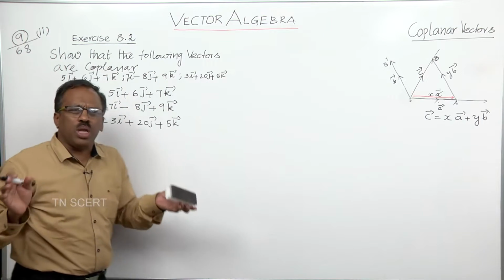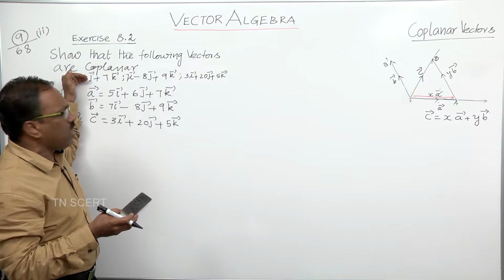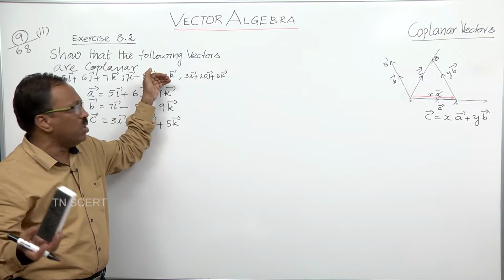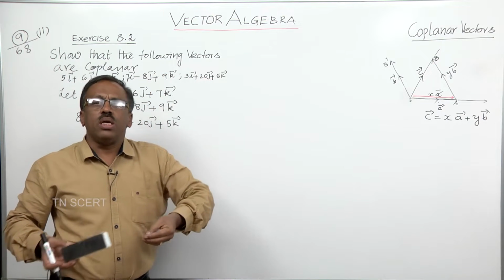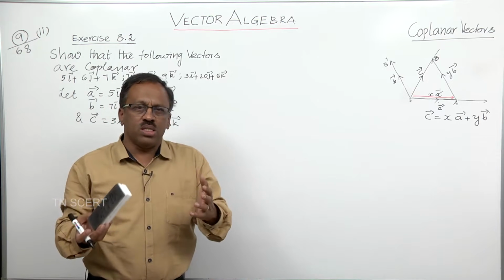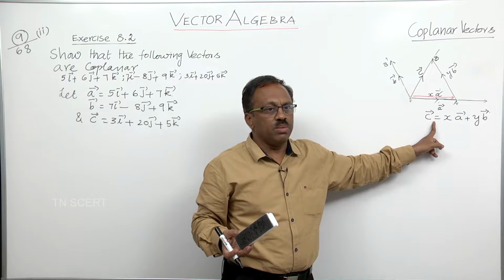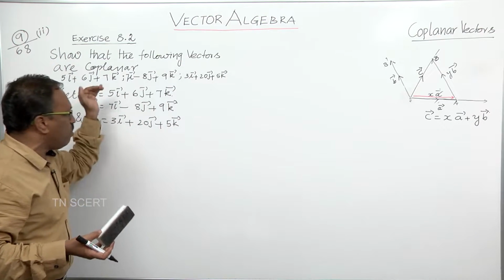In any order you take. If you wish to take the first one as C, you can take. The second one as B, well and good. If you want to take A, as you wish. The representation is yours. The fundamental is this one. Remember that. This is the fundamental and I am representing A, B, C like this.